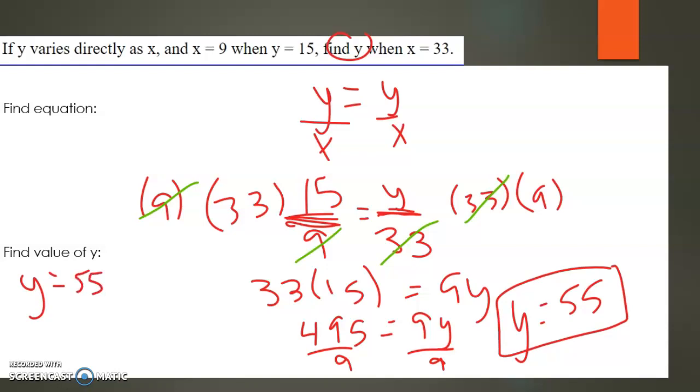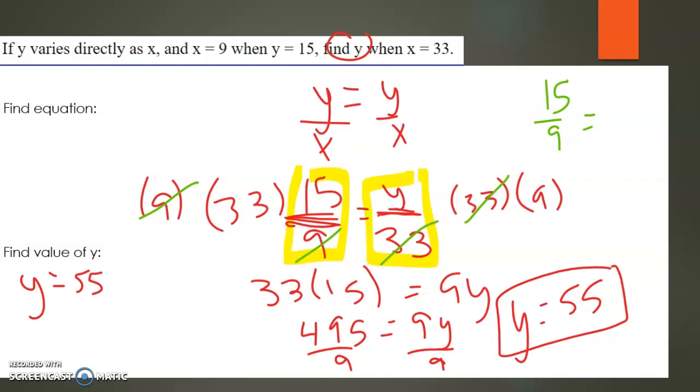Okay. Now I take any of the ratios. I either take this one right here or this one right here, because I now know that it's 55 over 33. I'm going to take the 15 over 9 and simplify it.